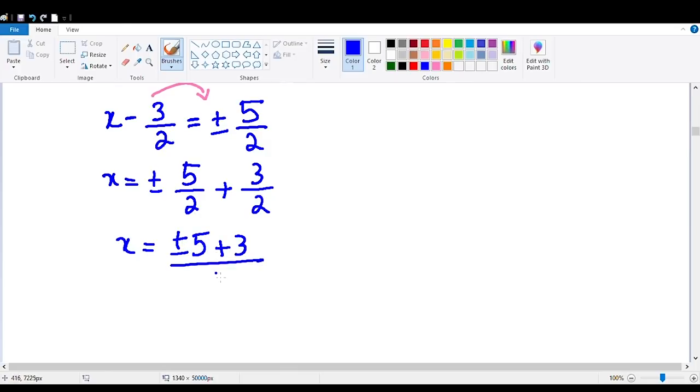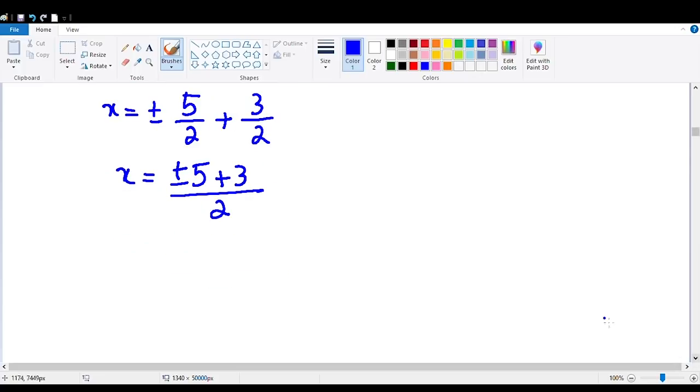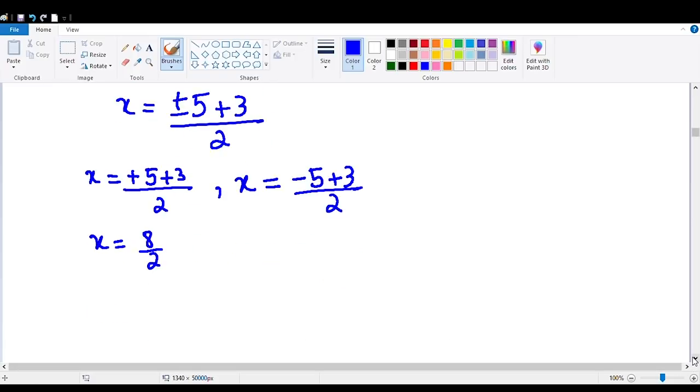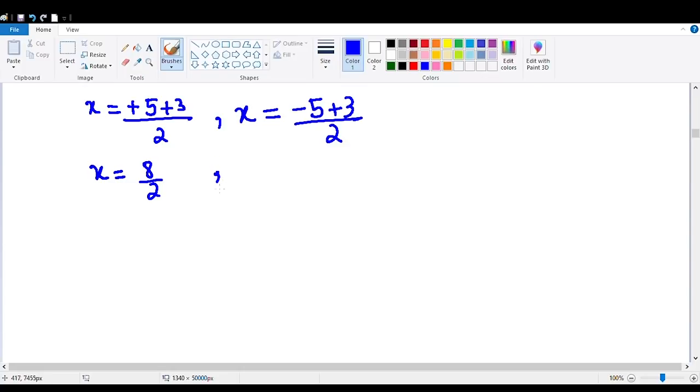Now, you can write this as either x equals plus 5 plus 3 over 2, or x equals minus 5 plus 3 over 2. In this case, x will equal 5 plus 3 is 8 over 2. And in this case, x will equal minus 2 over 2.